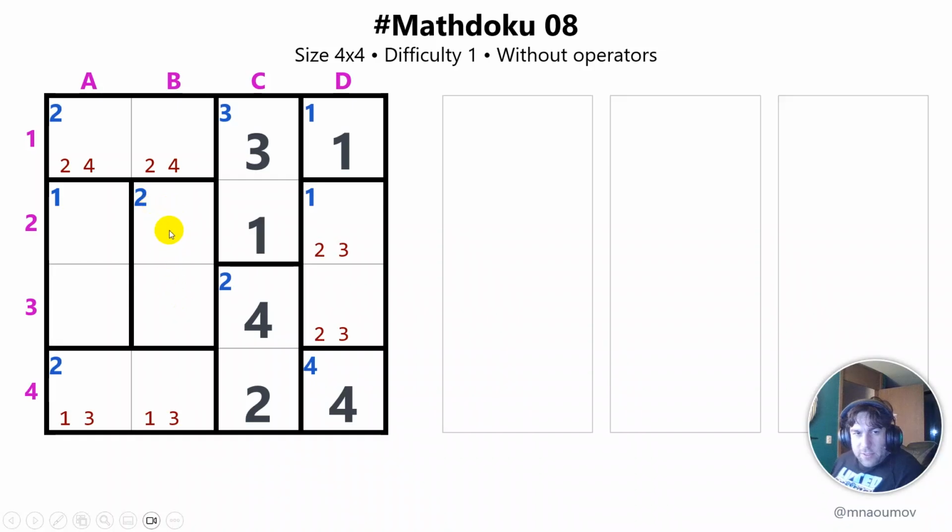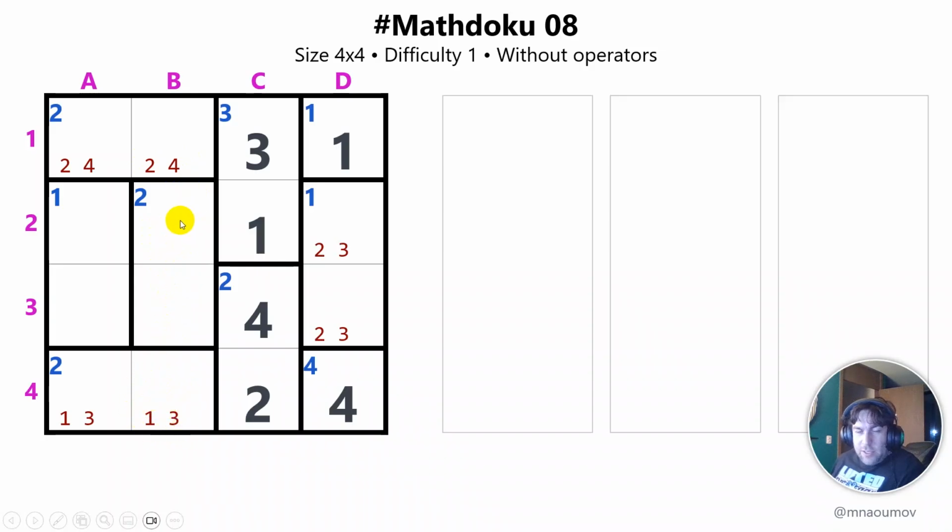Again, two numbers whose operation gives number 2. Number 2 can be given by 1 multiplied by 2, 3 minus 1, or 4 divided by 2, or 4 minus 2 is the same. But both of these numbers cannot be 1 and 3, because if this would be 1 and 3, there would be no option left for this cell.